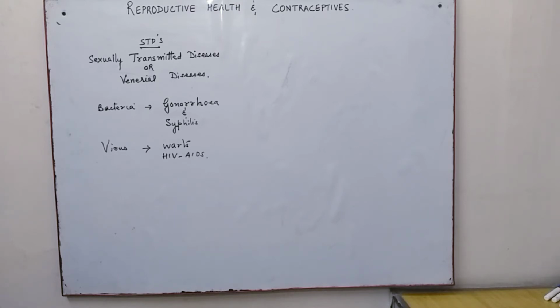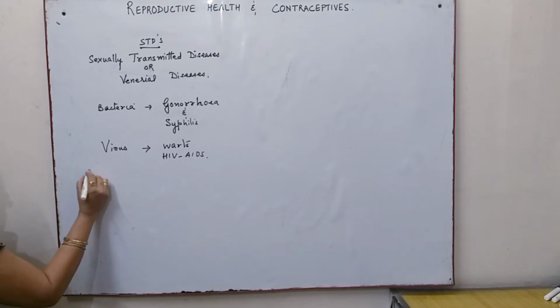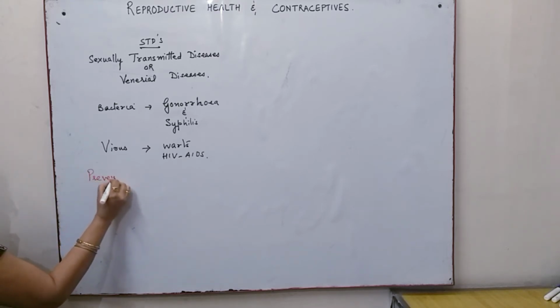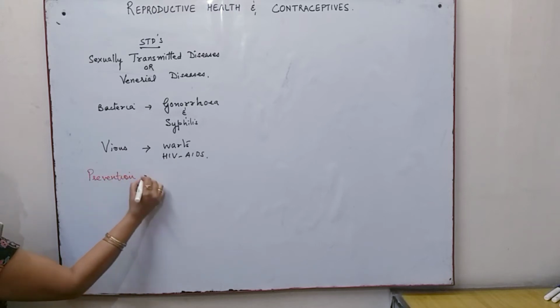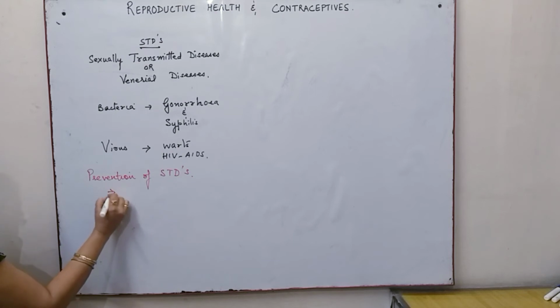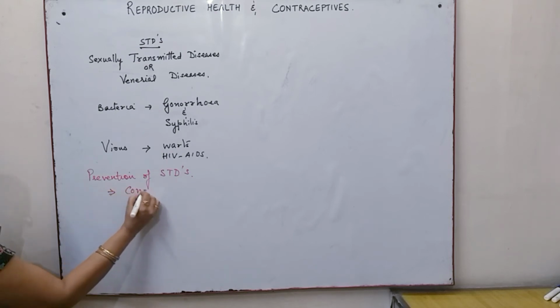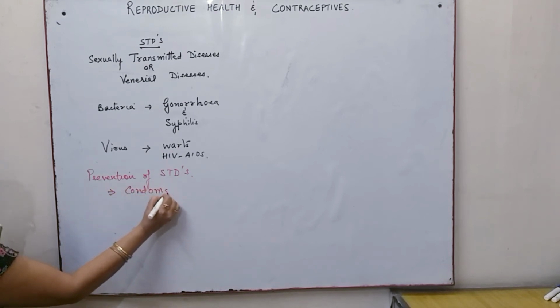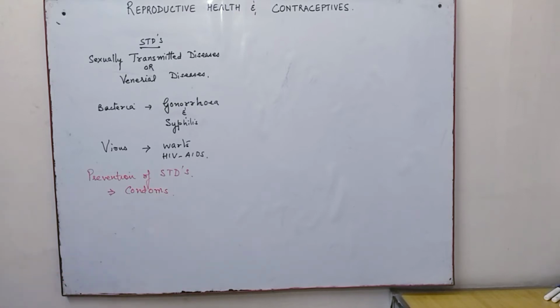And when we talk of prevention, prevention of STDs can be done by use of condoms. The condoms prevent the entry of these causative agents, thereby preventing STDs to a certain extent.